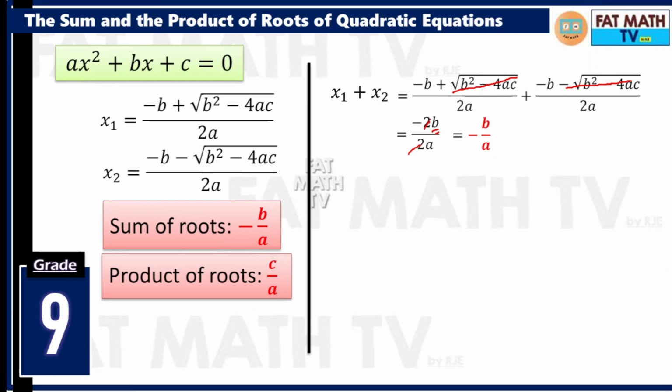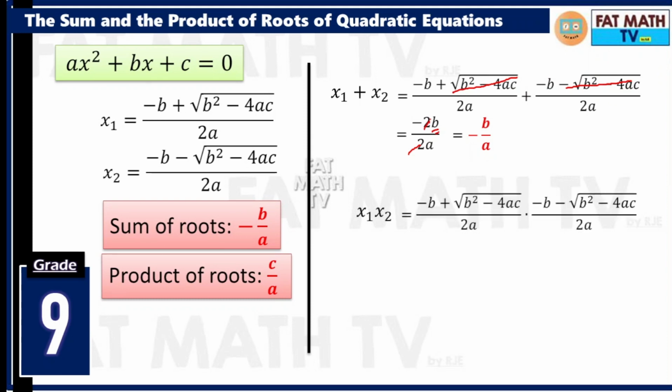How about for the product of the roots of this quadratic equation? So if we multiply the roots, x sub 1 and x sub 2, we will have negative b plus or minus square root of b squared minus 4ac over 2a times negative b minus square root of b squared minus 4ac over 2a. And then if we are multiplying fractions, just multiply the numerators, multiply the denominators.